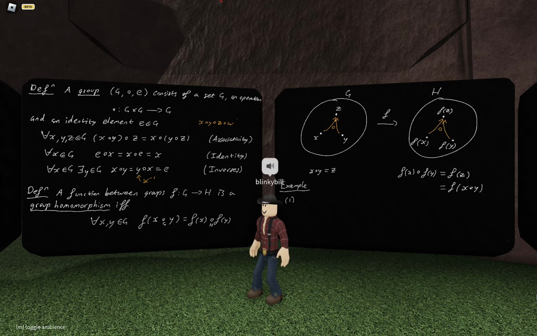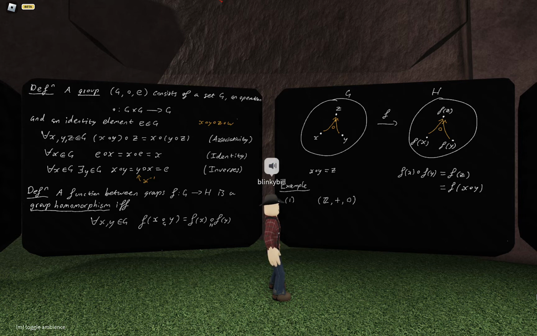I'm now switching to the group case. So I can exhibit a structure of a group on the set of integers. And the operation is just regular addition, and the identity element is 0.